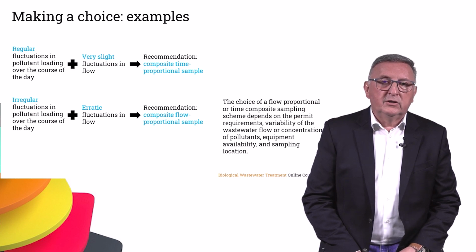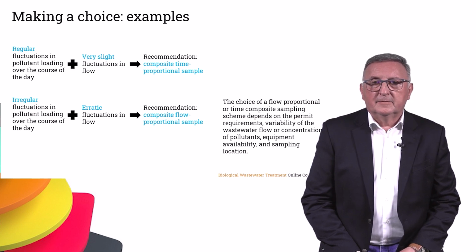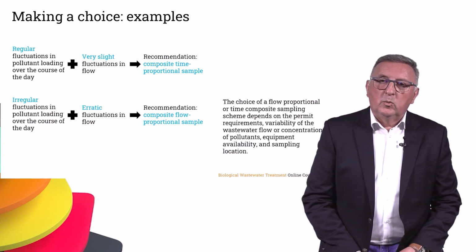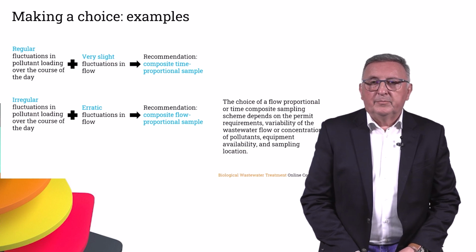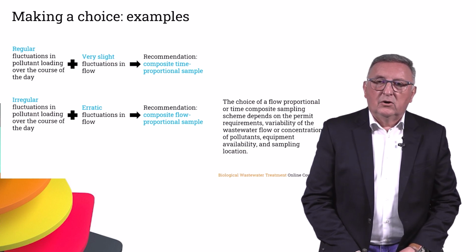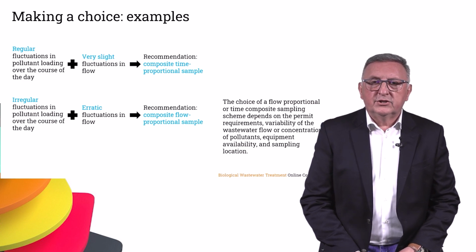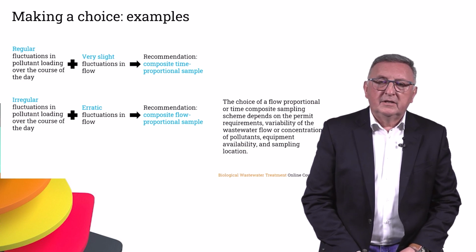However, when we have irregular fluctuations in pollution loading over the course of the day and erratic fluctuations in flow, then our recommendation is to use a composite flow proportional sample. The choice of flow proportional or time composite sampling scheme depends on the permit requirements, variability of the wastewater flow or concentration of pollutants, equipment availability, and sampling location.